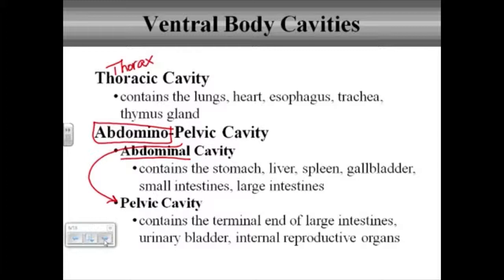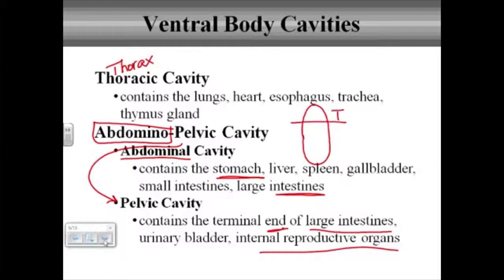So you can divide it into your general stomach and intestinal area versus your pelvic area, which is going to be the very end of the large intestines, and then going all the way down towards your reproductive organs.